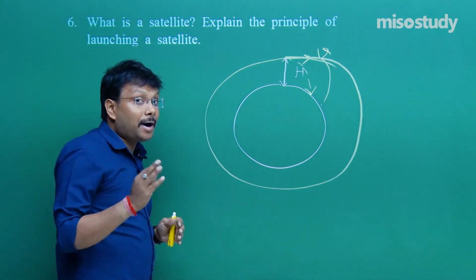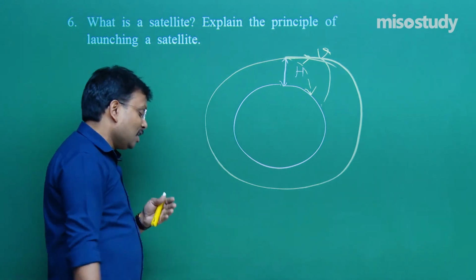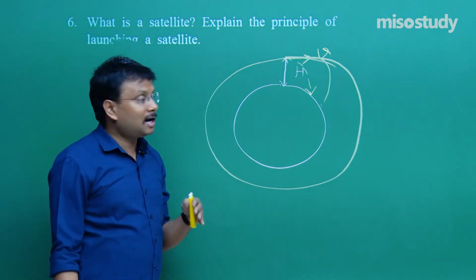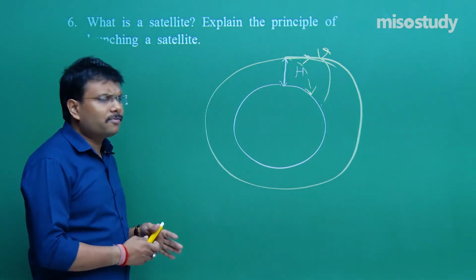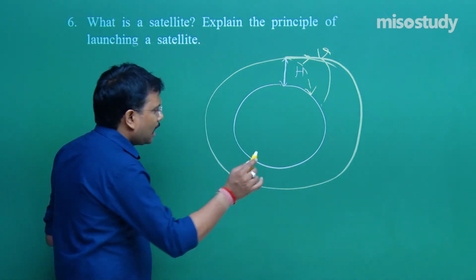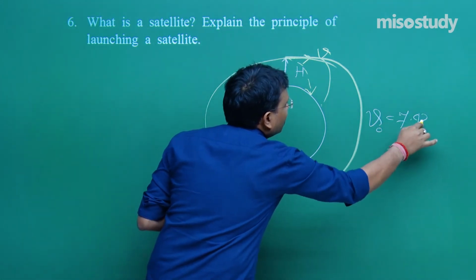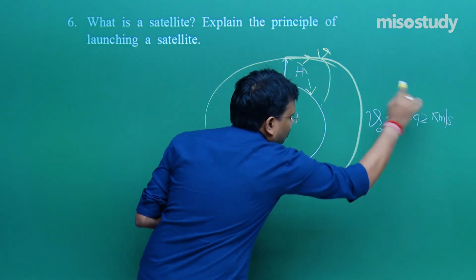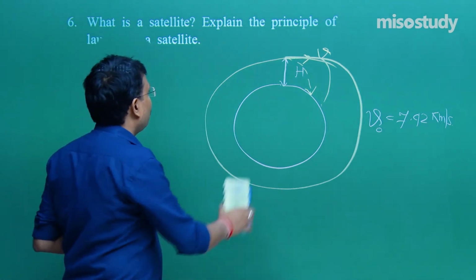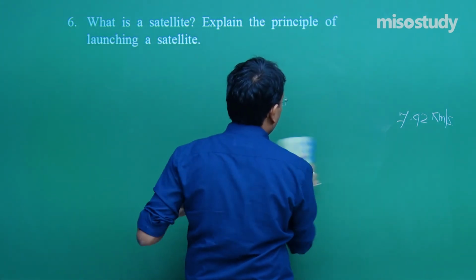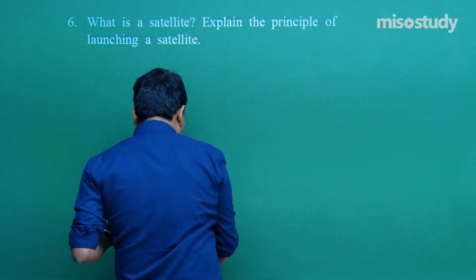If you impart a specific value of velocity in the horizontal direction to any object, then it will start revolving around the earth, and that is defined as a satellite of the earth, fine. And this velocity value, if you try to recall, I explained one idea, V0, that is orbital velocity 7.92 kilometers per second, around 8 kilometers per second. If you impart the escape velocity 11.2 kilometers per second, then it will never come back, fine.